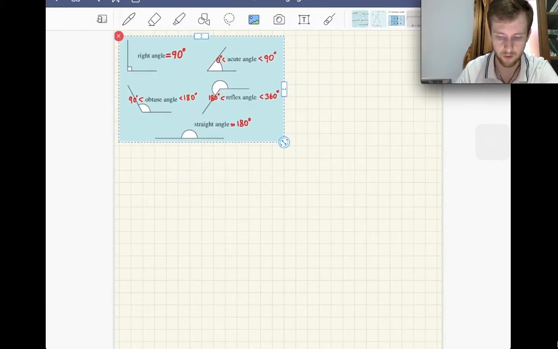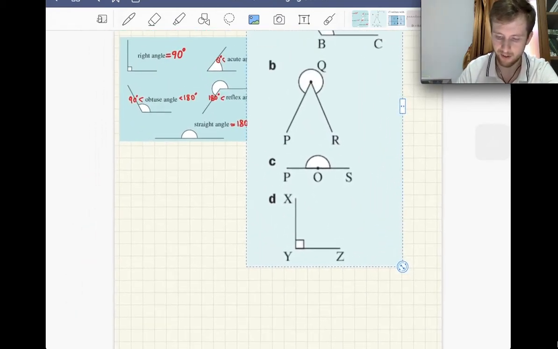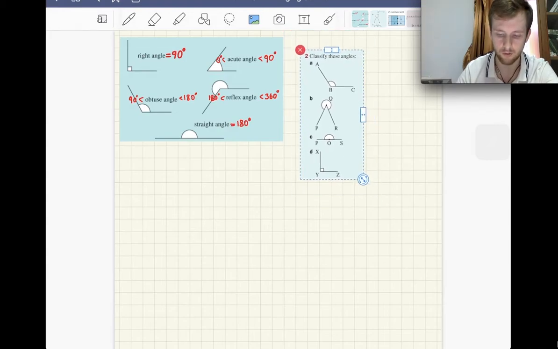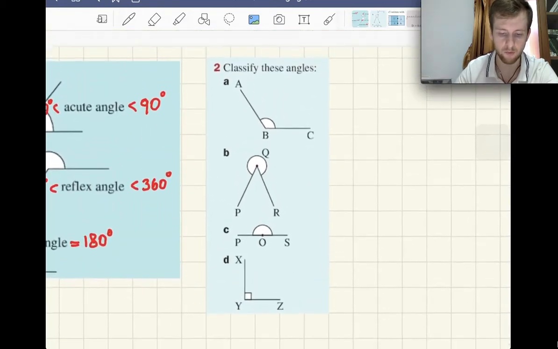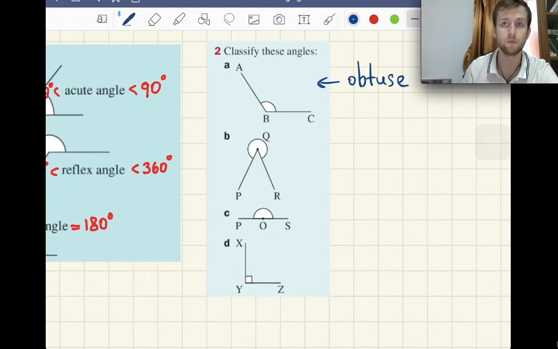Okay, so this is going to be our kind of helping hand, all these angles. And now we have to classify these angles. So how do we classify them? This one looks like an obtuse angle. Again, obtuse is between 90 and 180.